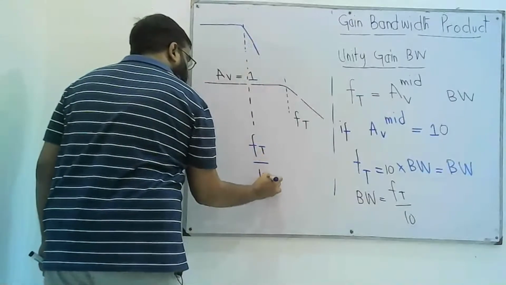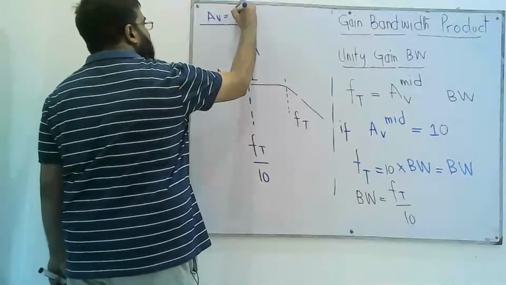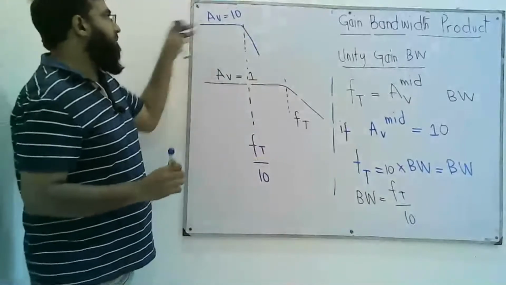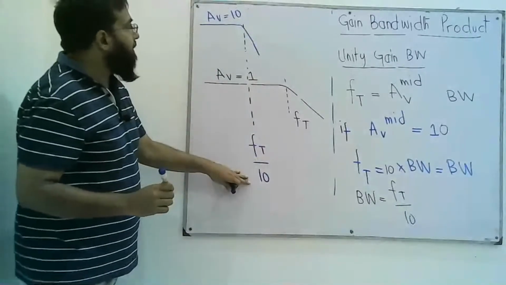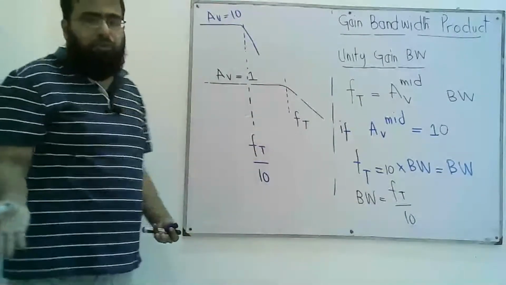So we will get the cutoff at a much smaller frequency, equal to Ft over 10. So this product remains the same. This gain multiplied by this bandwidth is the same as this gain multiplied by this bandwidth. The answer is Ft in both cases.